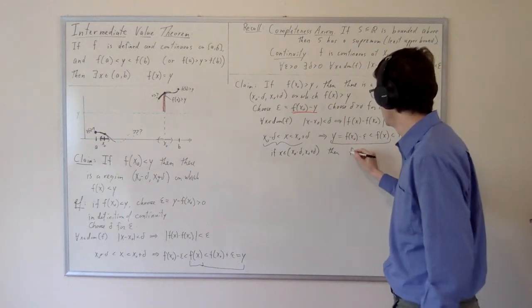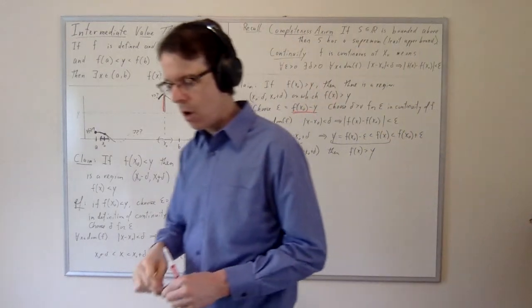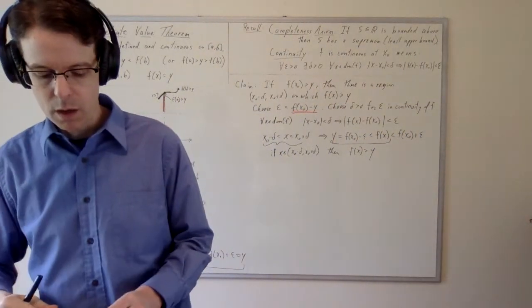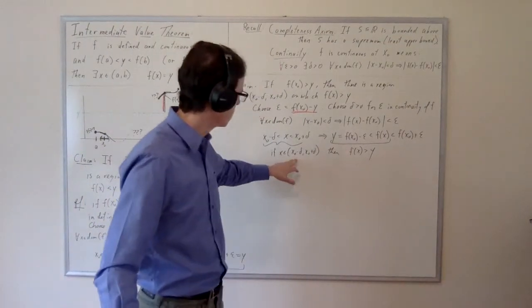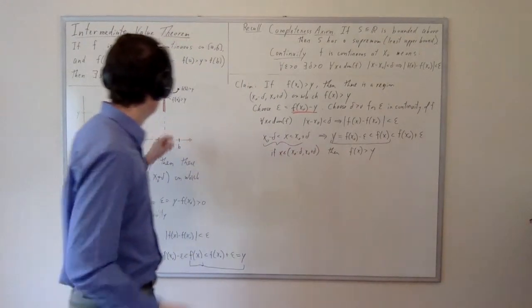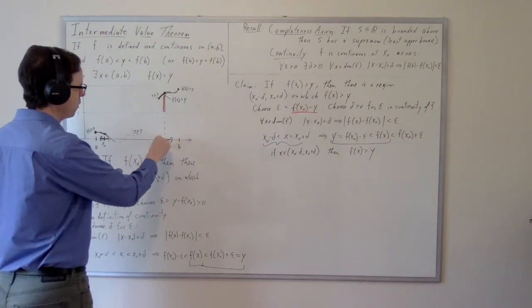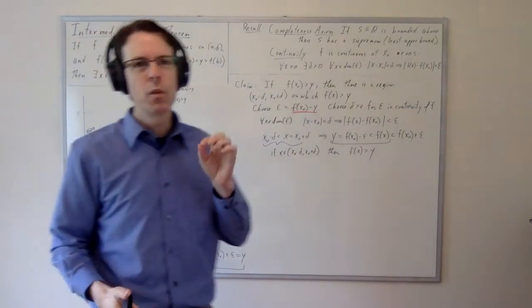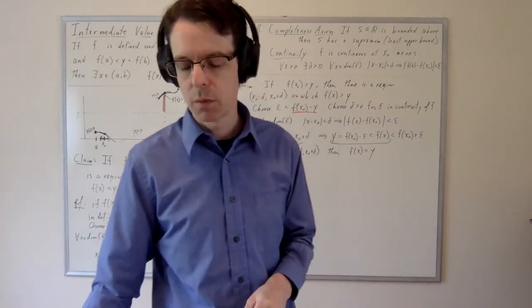We get this: f of x exceeds y. So that means that on some region, x naught minus delta, x naught plus delta, surrounding this problematic x naught, then we have more problems. We have the function is going to be too large on that entire small interval.